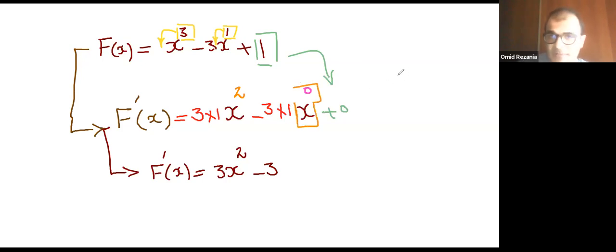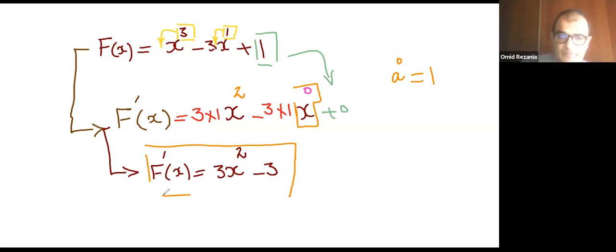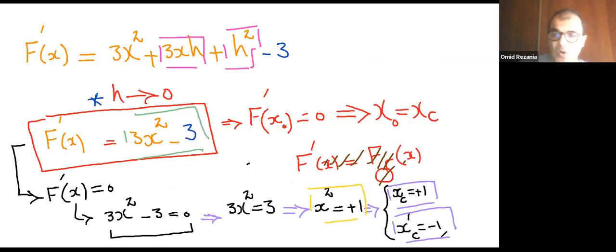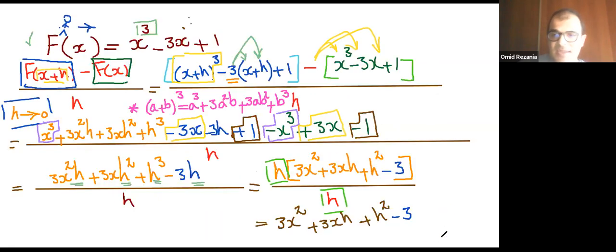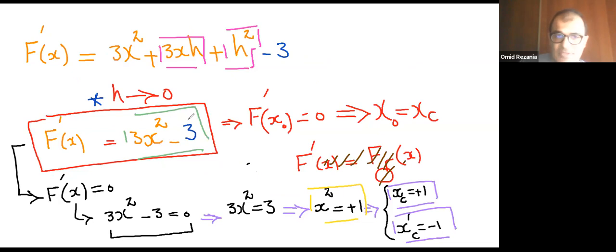Anything with power 0 gives you 1. Then it becomes 3 times 1, which is 3 itself. And look what we have done. Please compare this 3x squared minus 3 with the previous slides where we took all those nasty steps to get there. You have 3x squared minus 3. You see that?